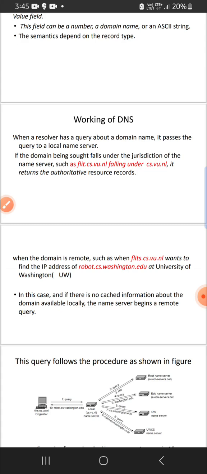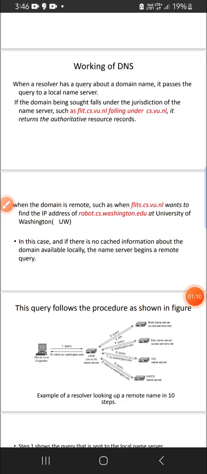In this case, if there is no cached information about the domain available locally, the name server begins a remote query. So flit.cs.vu.nl wants the IP address of robert.cs.washington.edu.